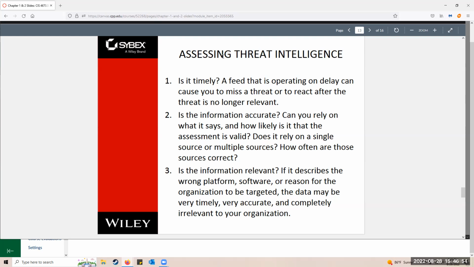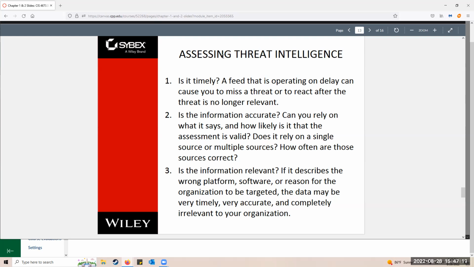And that's the one thing that I struggle with people about all the time. Well, what makes you say that? What makes you think this? Or, what makes you act this way? You can rely on what it says. How likely is it? Does it rely on single or multiple sources? And how often are those sources correct? So it's a whole formula that goes into it.